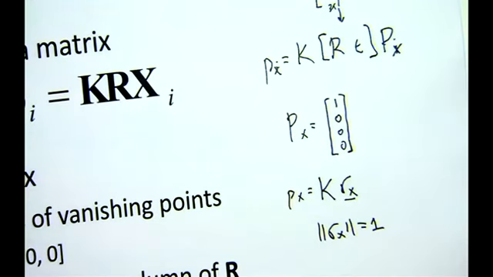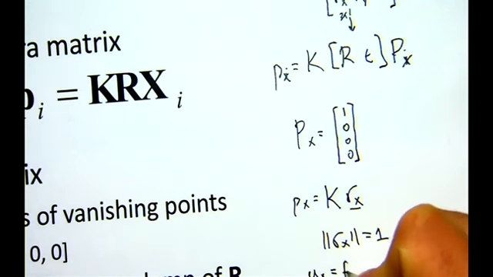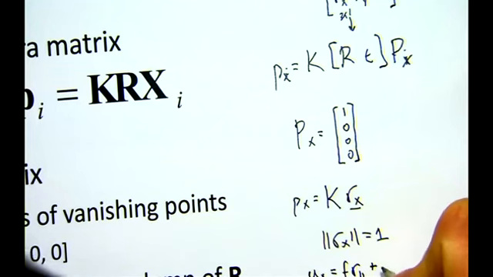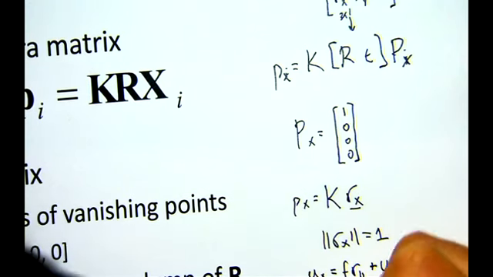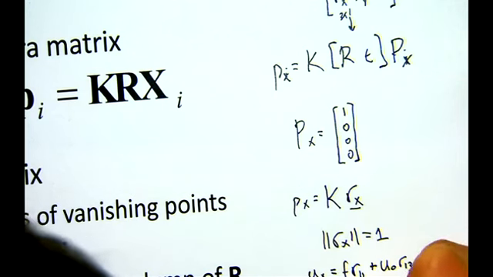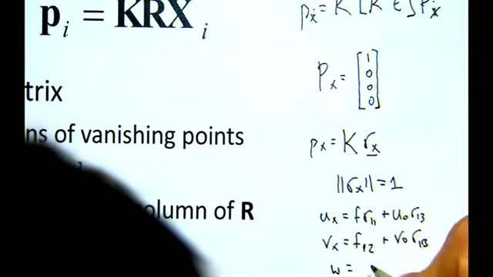After I multiply this out, I'll get W times Ux equals F R11 plus U naught times R13, and W times Vx equals F R12 plus V naught times R13, and W equals R13.